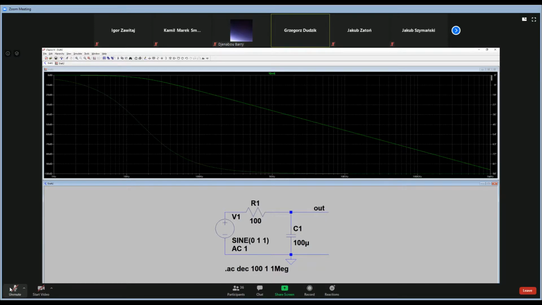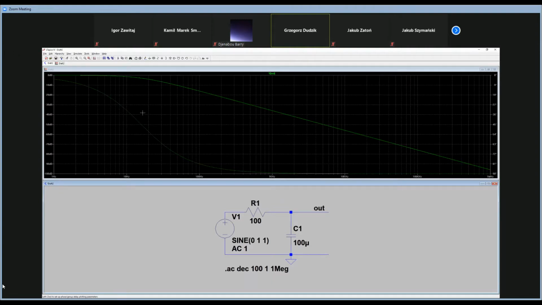So the scale at the right hand is for the phase, and on the left hand you have got the scale for the amplitude characteristic. This characteristic is represented in decibels.